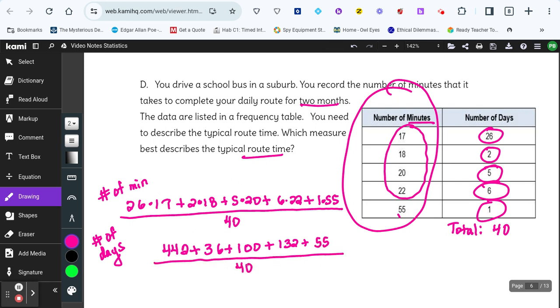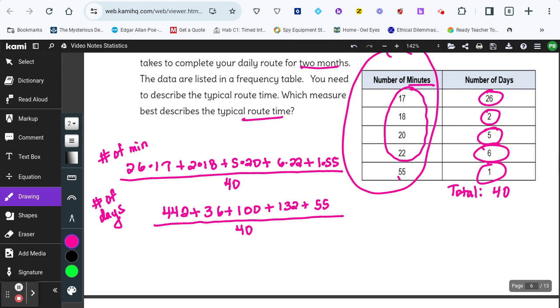Divide by 40. Okay. Add these numbers up. 442 plus 36 plus 100 plus 132 plus 55 is 765 divided by 40. Okay. 765 divided by 40 is 19.12.